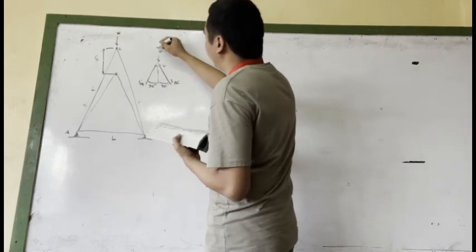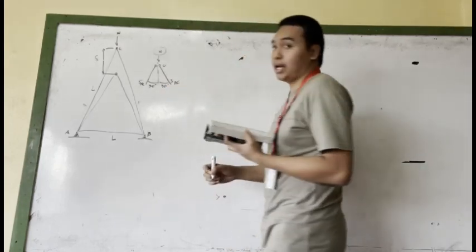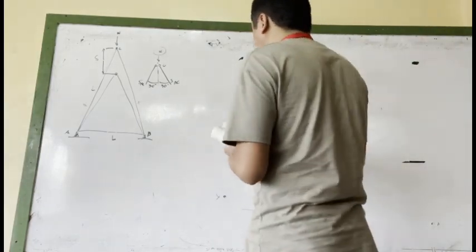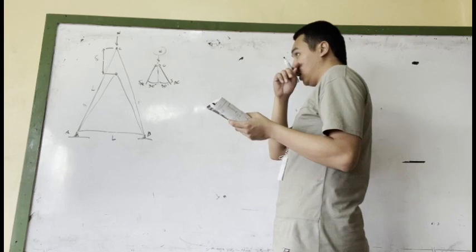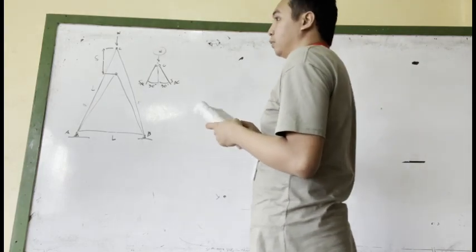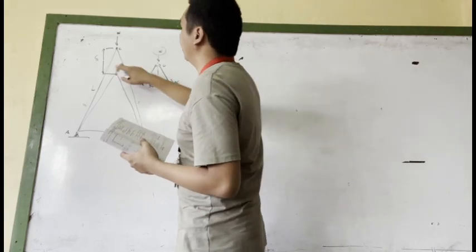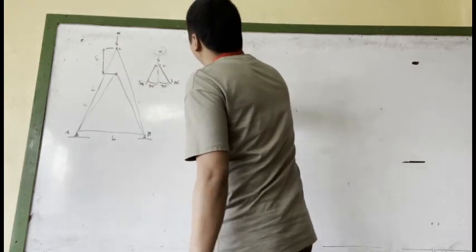So we have W here, which is the applied load. We are going to determine the elongation formula of this FBD. Okay, so the elongation of joint C.